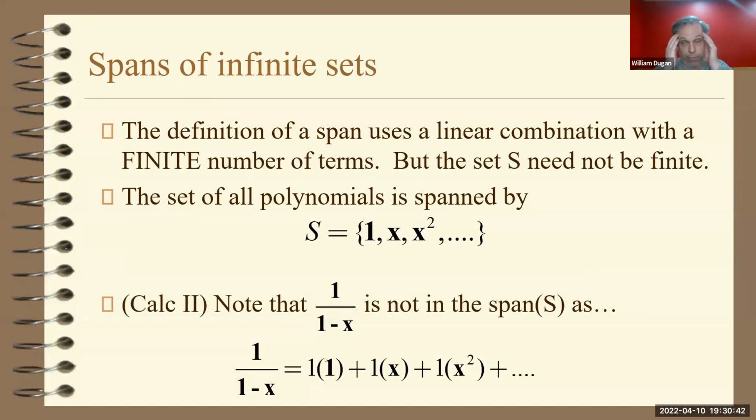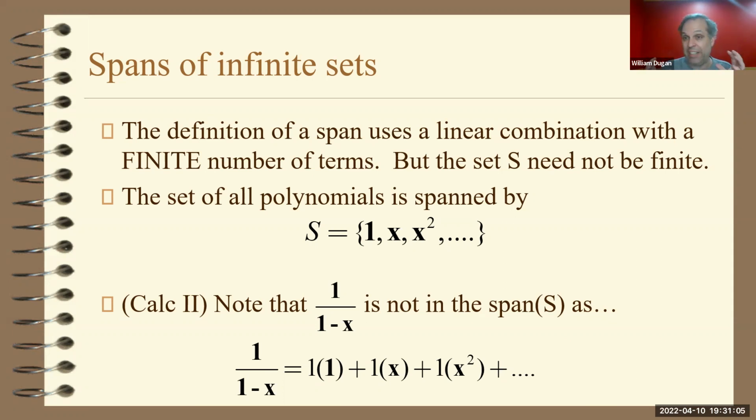You have to be careful though. See, linear combinations require a finite number of things. You only add a finite number of things. But when I looked at the spanning set of all polynomials, the spanning set for all polynomials is all vectors of the form 1, x, x squared, x cubed, x to the fourth, x to the fifth, and so on.